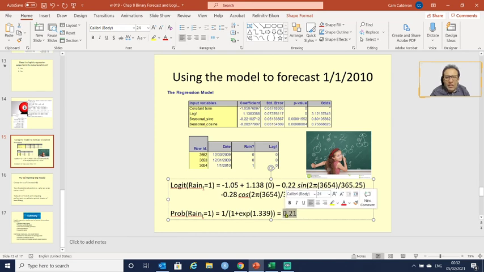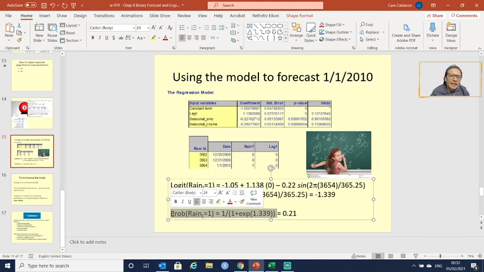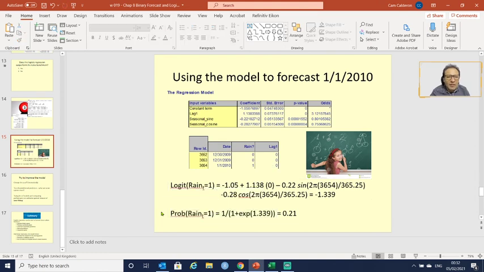In this case it is just 21%. Can you see? Just by using this formula we are able to calculate the probability, and that is something we want to do when calculating our tradings, or if you want to forecast recessions, or if you want to forecast whether a certain event will happen or not. I think it is very normal in economics to try to forecast if something is going to happen or not, right?